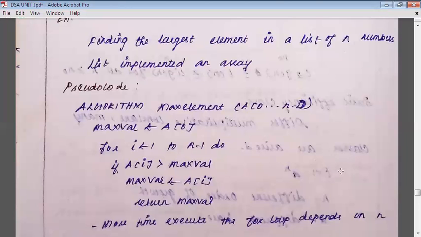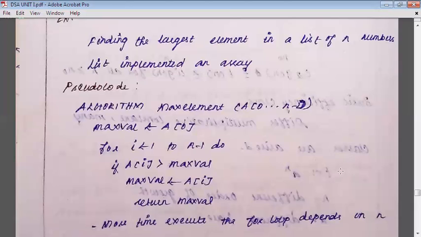If A of i, that is A of 1, is greater than the previous value, A of 0, which is already assigned as the maximum, then the max value is assigned A of i. Here A of i is A of 1.